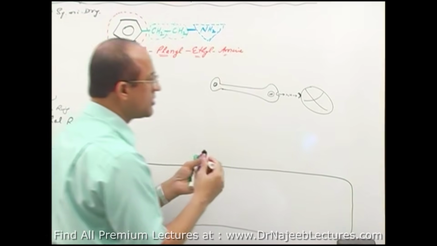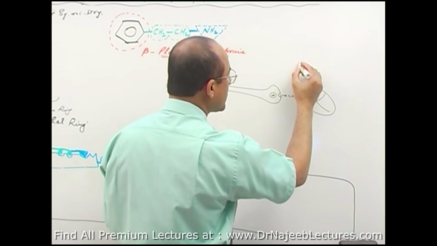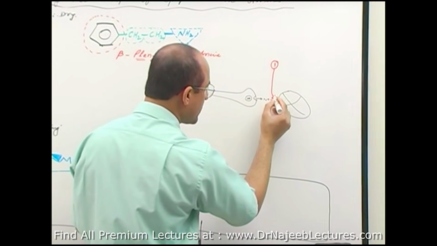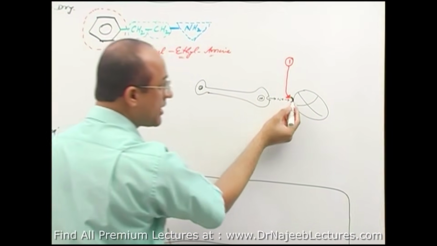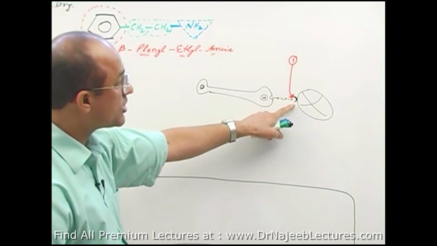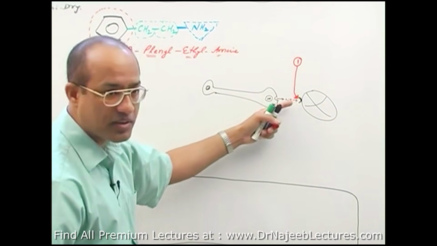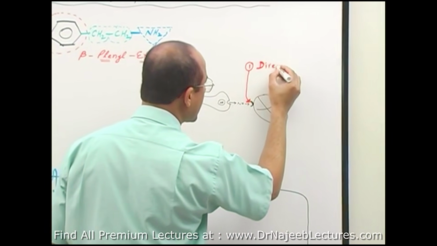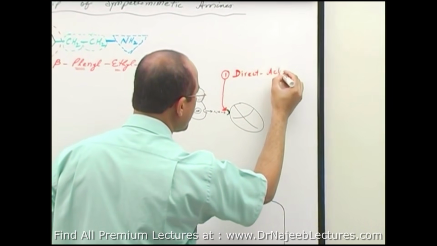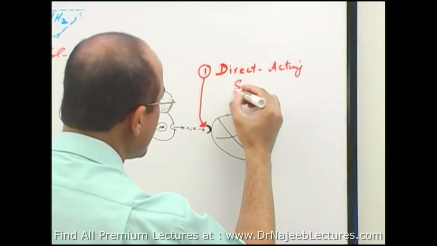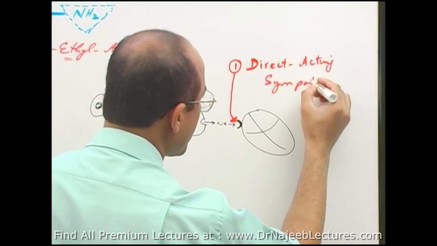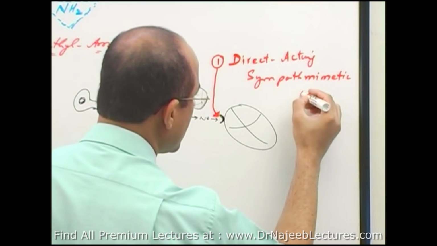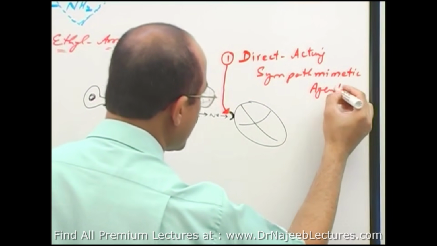Those drugs which directly stimulate the receptors, those drugs which strongly bind with the adrenergic receptors and directly stimulate them, are called direct acting sympathomimetic agents or compounds or drugs.